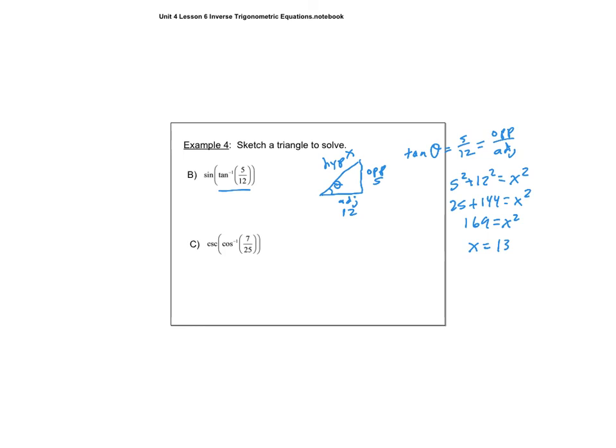So my hypotenuse up there is 13. So if you remember how this goes, the sine of theta is equal to my opposite over my hypotenuse. My opposite being 5, my hypotenuse being 13. So we simply get 5/13. So that's what this is.